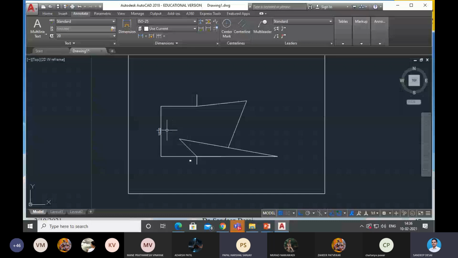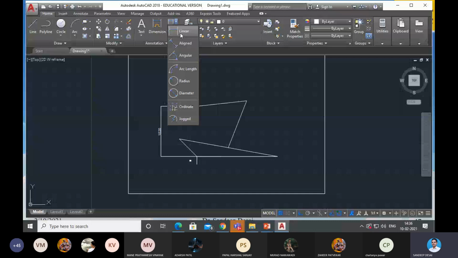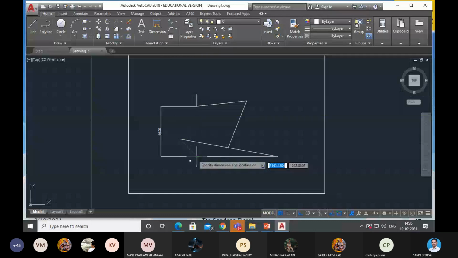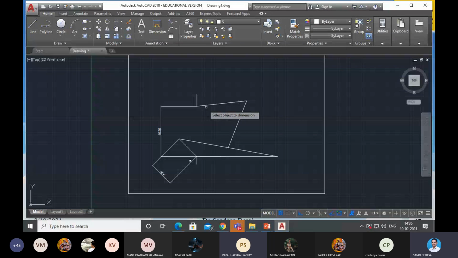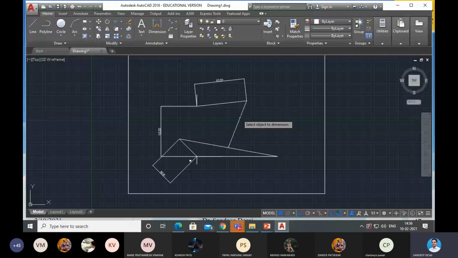Right. So this is 1020. Let us dimension everything now. I have increased the font size so that you will understand all the lengths. This is 508. Then this is 1020. This is again 1020. 1021 actually it is.